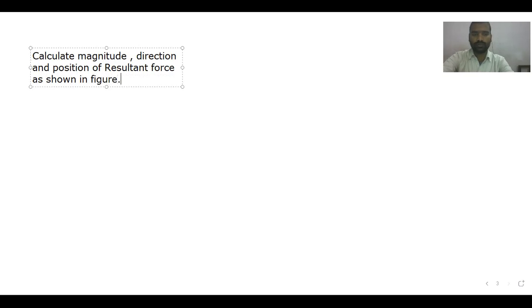This is the given statement. So we just find out the magnitude of all these points.